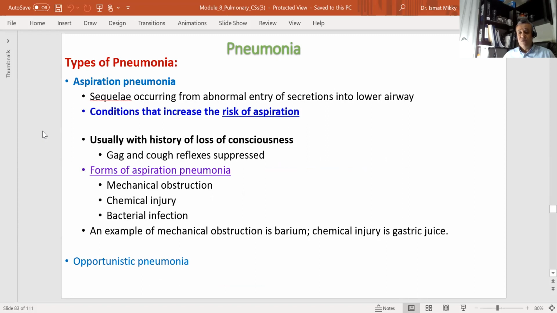All of these factors result in a decreased and altered level of consciousness, which eventually leads to aspiration pneumonia. Patients with difficulty swallowing, like stroke patients, or patients with a nasogastric NG tube, gastrostomy tube, or any tube we use for feeding, will be at risk for aspiration pneumonia.